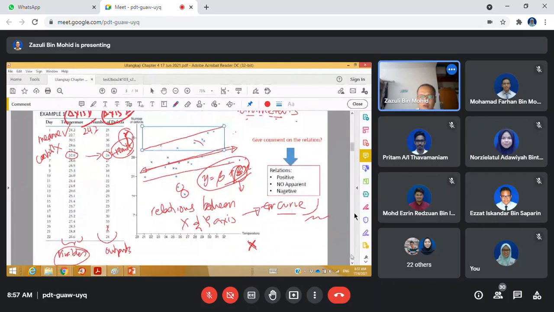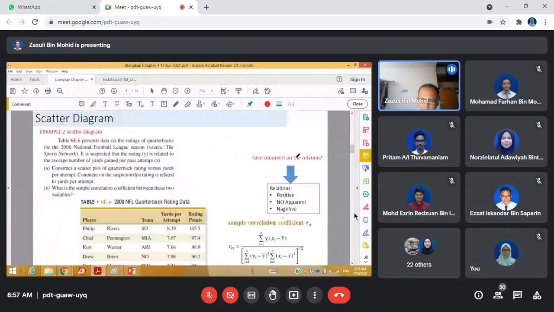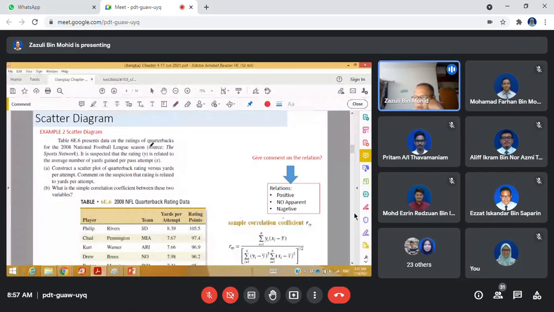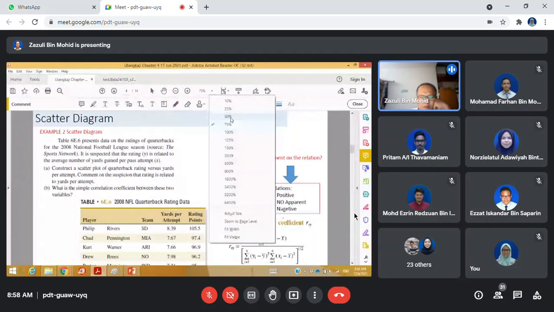So the next slide, I already prepared for you one example of a scatter diagram exercise. Table 6E6. I took this question from a book.